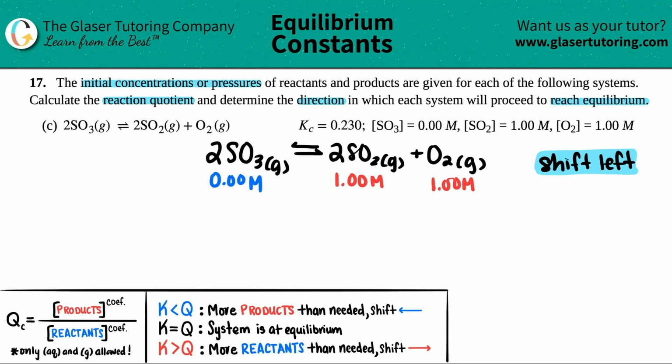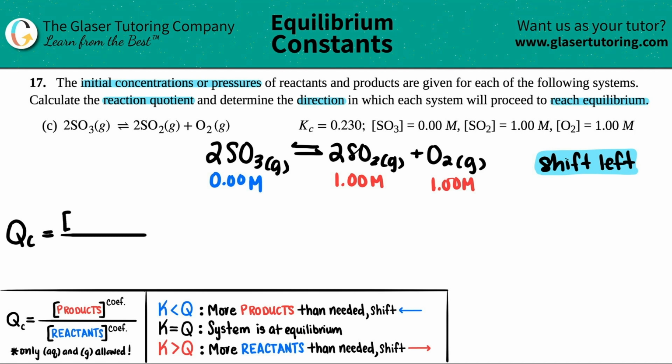Now let's just find the reaction quotient. So QC equals products over reactants, right? So let's see, we got SO2, right? In this case, we're doing pressures, so brackets, right?